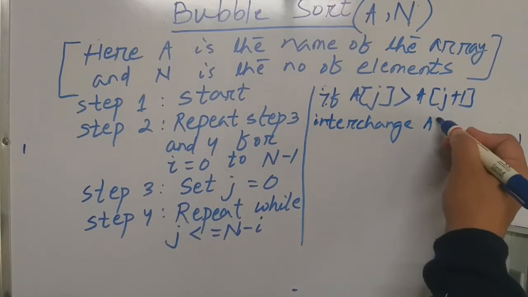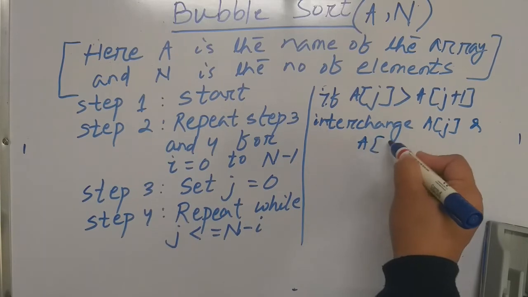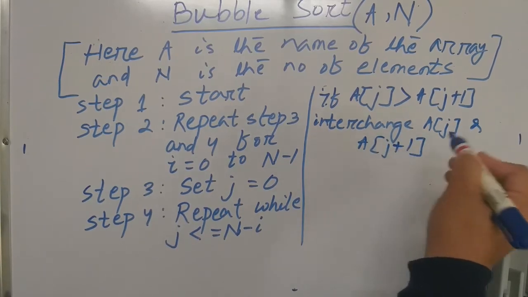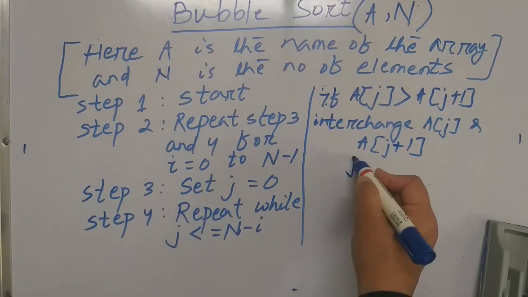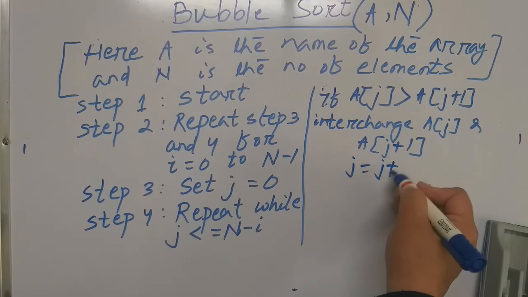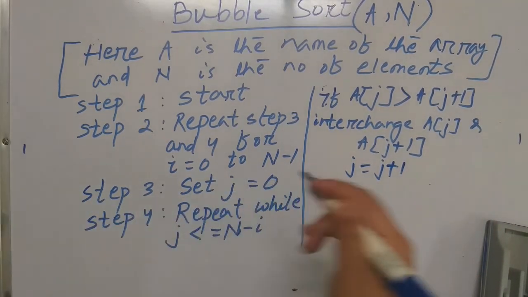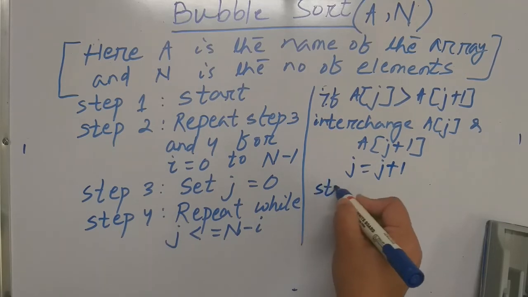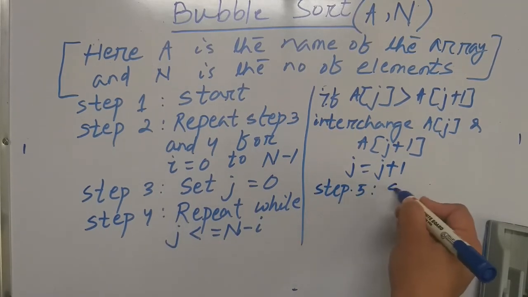Interchange aj and aj plus 1. That means the previous element and the next element we interchange. Then j equal to j plus 1. Next, step 5: exit.